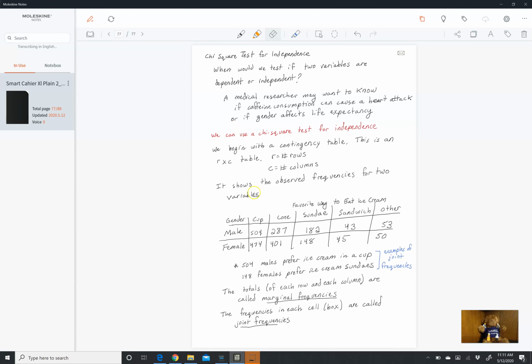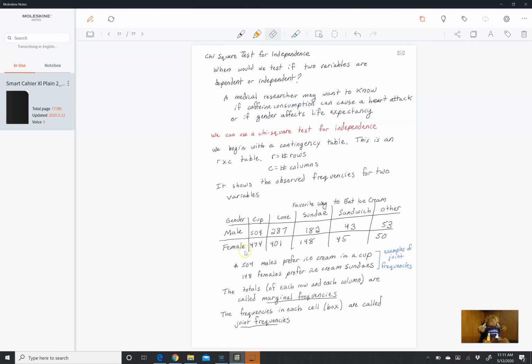Okay, so our joint frequencies here, we have 10 of them. The 504 is a joint frequency of males who prefer ice cream in cups. 43 is the joint frequency of males who prefer ice cream sandwiches. 401 is the joint frequency of females who prefer cones.